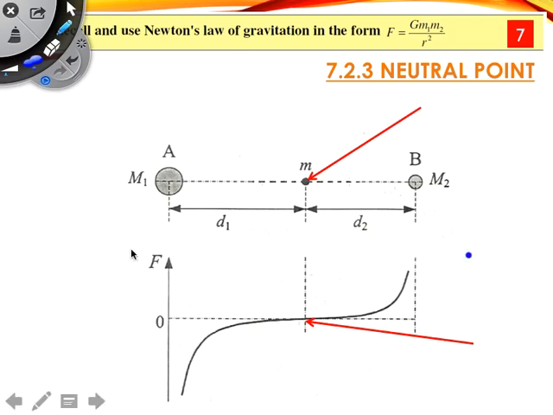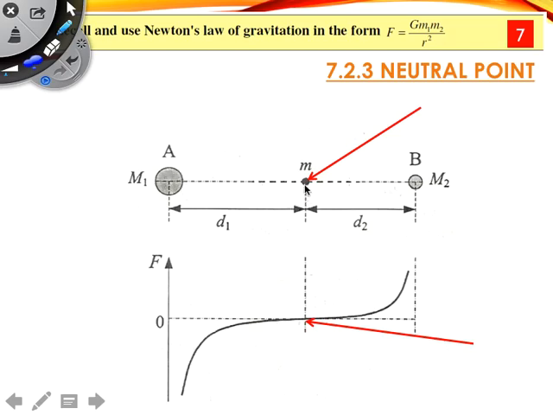So that means in this case, both A and B have a G field around them. There's one around A that is directed towards A, there's one around B that's directed towards B. In fact, there's also one around M as well, but let's just keep it simple. Consider the relationship between A and this small m.